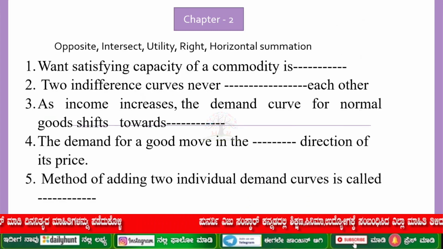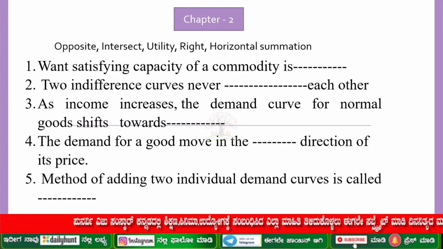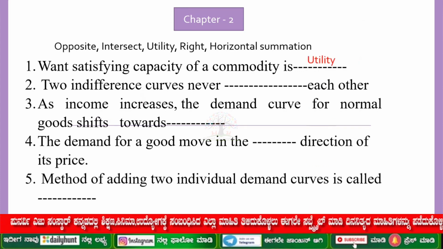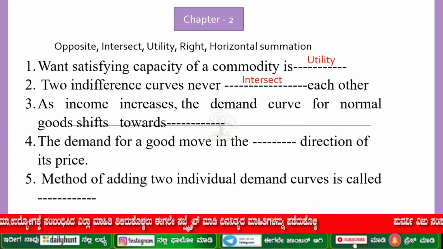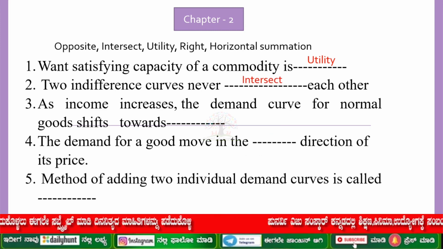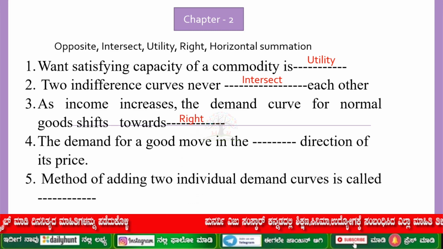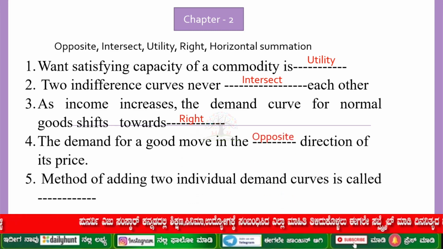So here also you can see above you have answers, you have to choose. One, satisfying power of a commodity is utility. Two, indifference curves never intersect each other. As income increases, demand curve for normal goods shifts towards the right. Demand for a good moves in the opposite direction of its price.